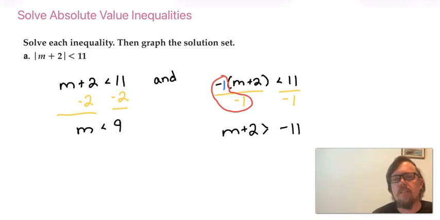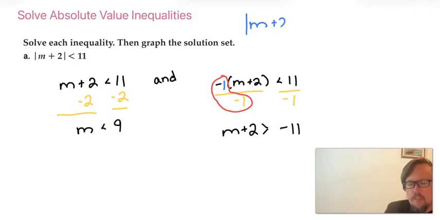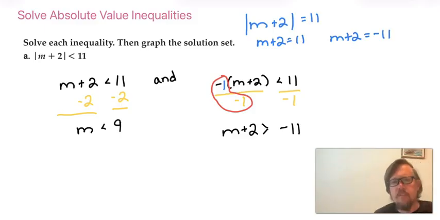So that's the important difference with inequalities. If this had been an equation, if we'd had the absolute value of m plus 2 equals 11, the two equations we would have solved would have been m plus 2 equals 11 and m plus 2 equals -11. That's how we would have gotten our two answers.